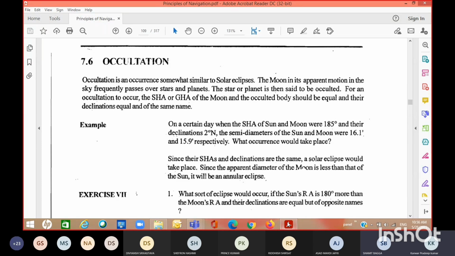If the moon can obstruct the path of the sun and stop the light coming from the sun to the earth, the moon can obstruct a planet or star on the celestial sphere too. So there may be times when the moon is obstructing some planet or star and you can't see that planet. That is called occultation. Okay, nothing much over there.